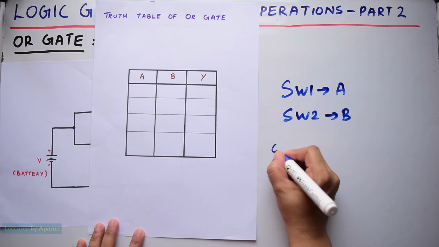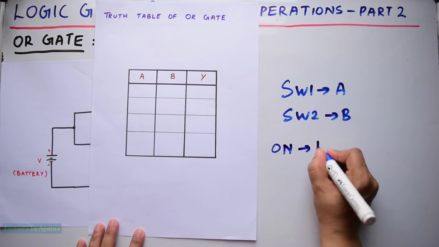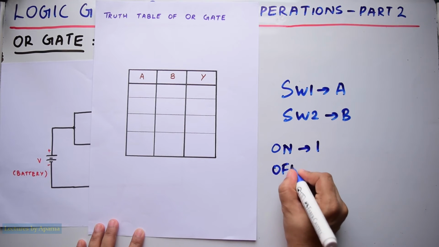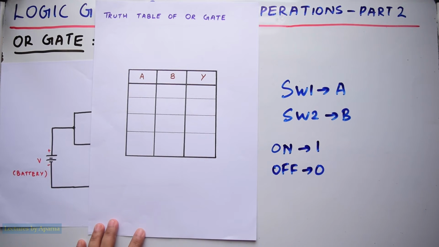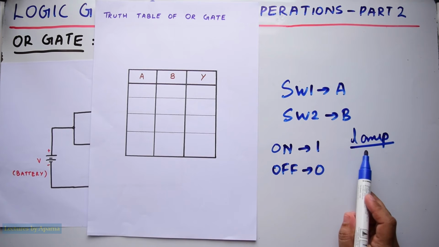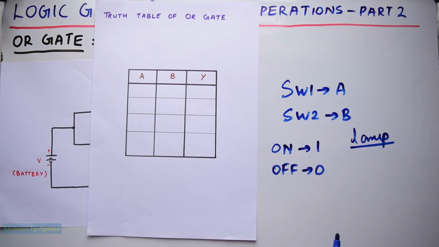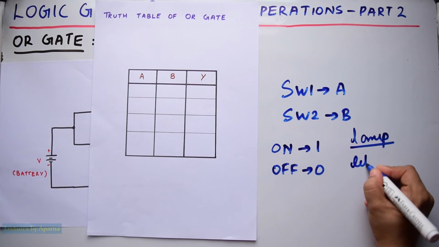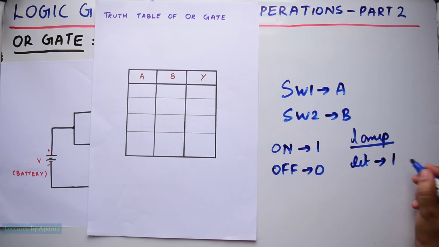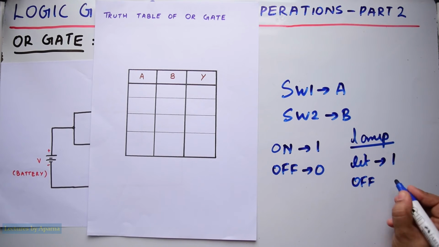When a switch is on, we take it as a logic 1, and when a switch is off, we take it as a logic 0. The lamp can be considered the binary output of the OR operation, that is Y. So when the lamp is lit, we take it as a logic 1, and when the lamp is off, we take it as a logic 0.